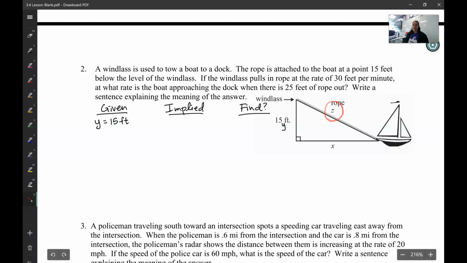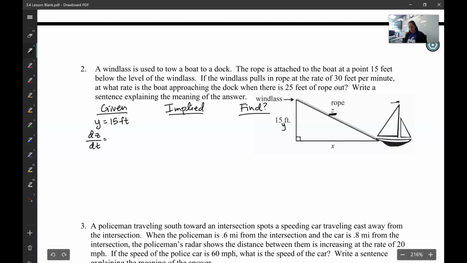We also know that this is a rate. Anytime you see a rate, something per something, that means a derivative, a slope, a velocity. So we're going to say dz/dt, which is a fancy way of saying the change of z over a change in time.